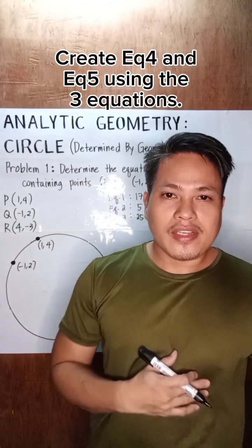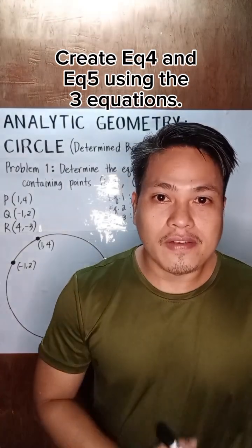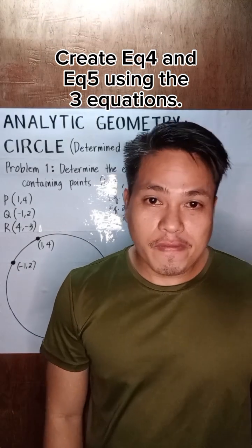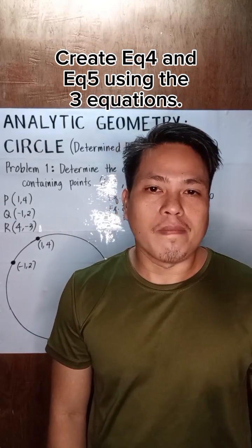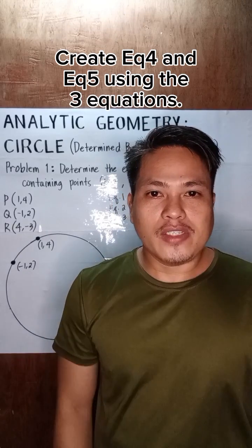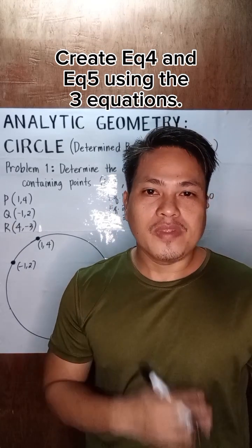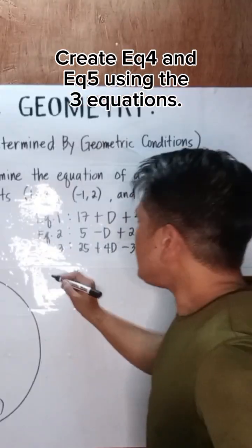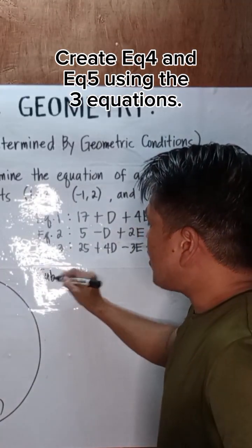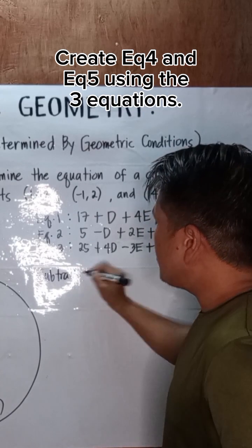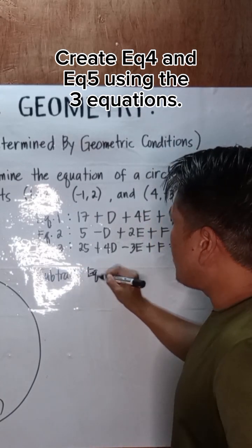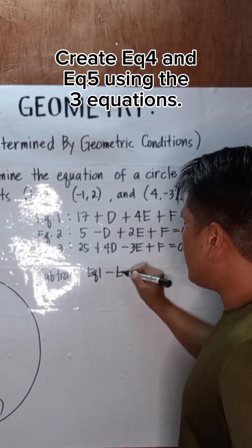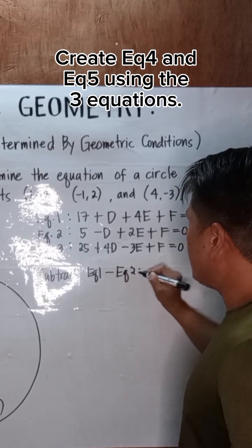Sa tatlong equation na yan, gagawa naman tayo ng equation number 4 at equation number 5. Para sa equation number 4, isasubtract natin ang equation number 1 and 2. Okay, so subtract equation 1 minus equation 2.